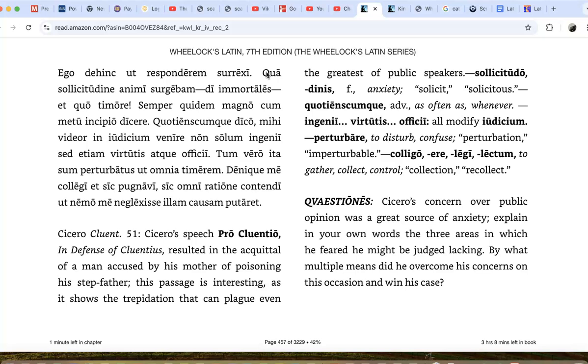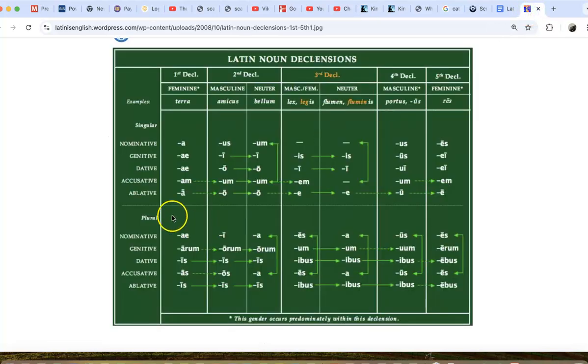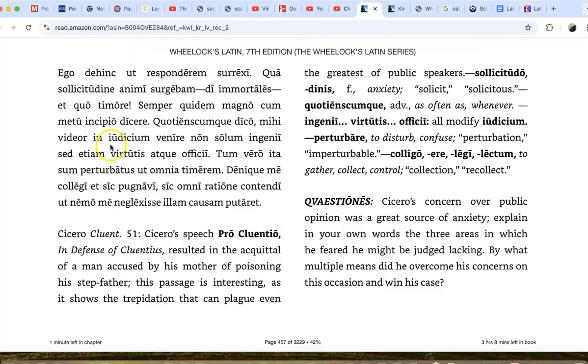Quo, this one's a little bit tricky, but we should recognize that we have the ablative ending. So here's our declension chart. You can see we have a first declension ablative ending -a, but then they're using another word. In this case, the word is solicitudine, which, as your book points out, means anxiety.